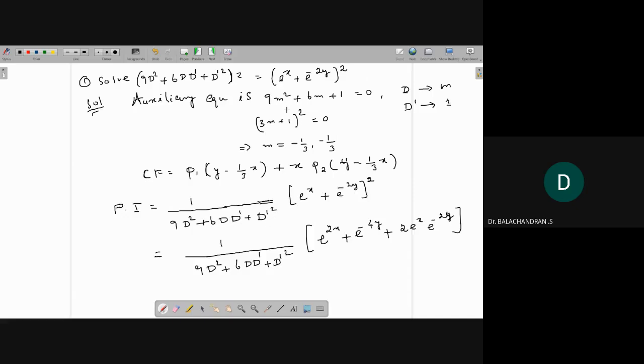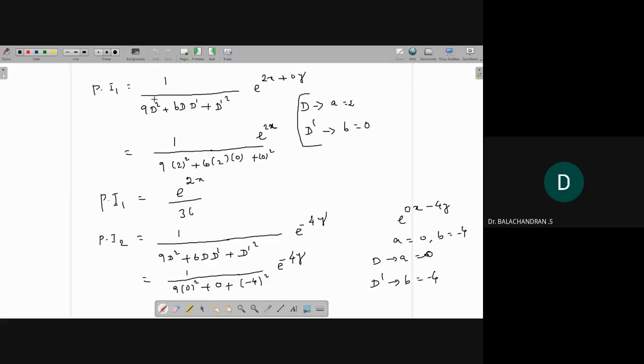The right hand side is what? (e^x + e^(-2y))². Now (a + b)² is a² + b² + 2ab. Now split this PI into PI1, PI2, PI3. So PI1, you have this operator into e^(2x).